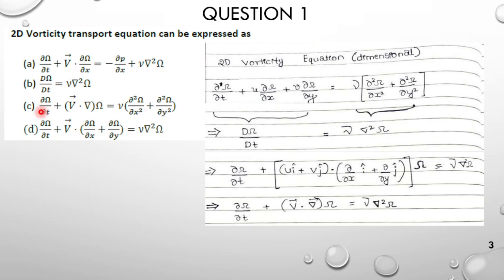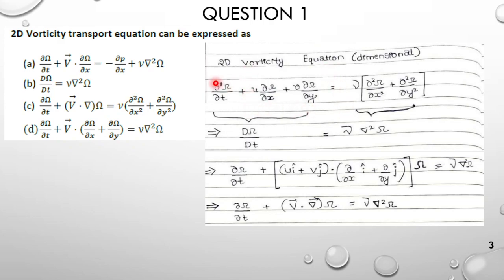No, B is also for Eulerian. If we take a Lagrangian frame of reference, this advection term itself will not come into the picture. So u into dou omega by dou x plus v into dou omega by dou y will never come in the transport equation if we are considering a Lagrangian approach.